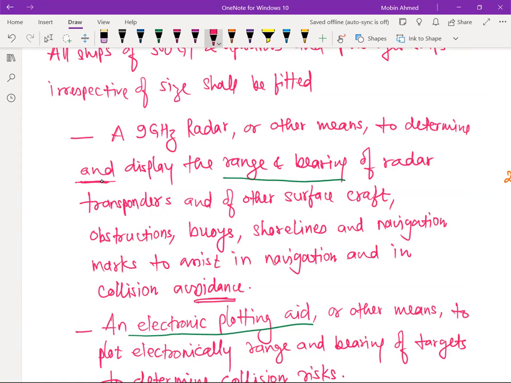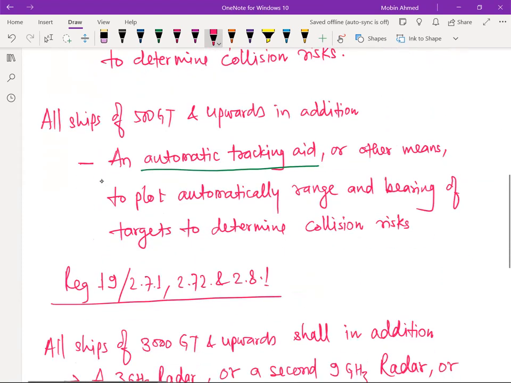Everything is same, so you need to copy and put it here, till collision avoidance.